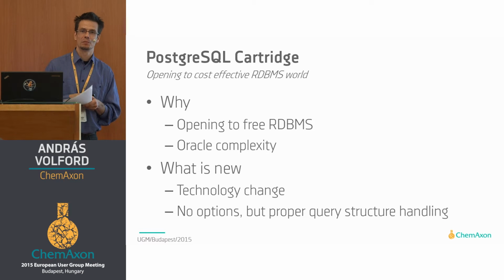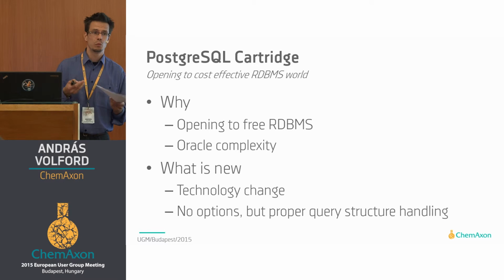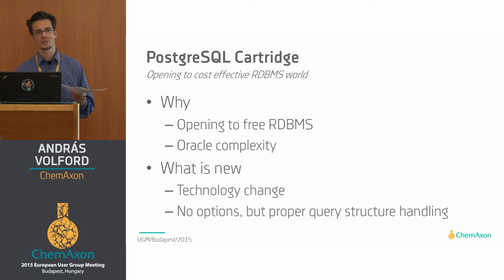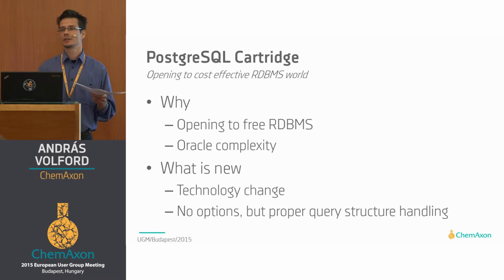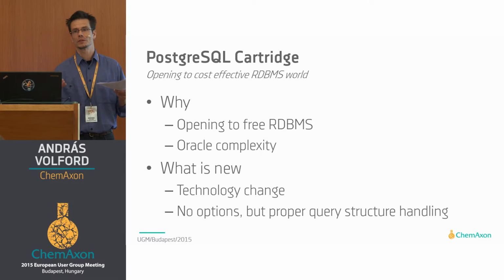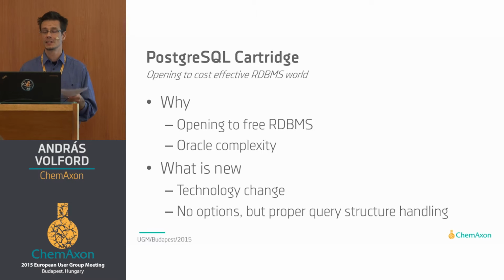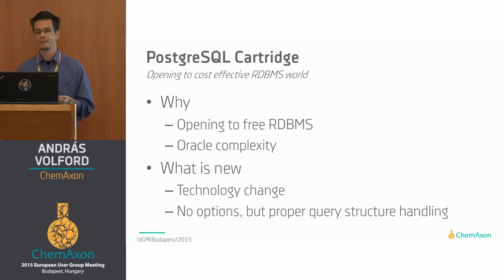Why are we developing this cartridge? This is twofold. One is the cost of the Oracle, and it's not just the cost of the Oracle, but the cost of maintaining an Oracle system. You need to pay for the database administrator, so the maintenance is not negligible in case of an Oracle system.